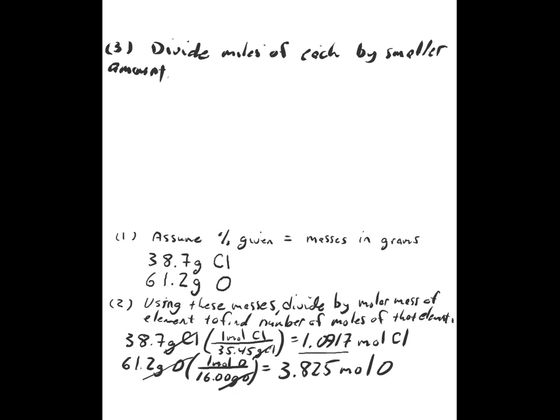Professor, sorry, where did you get 35.45 and then 16? Periodic table. So that's the number at the bottom, is it? Usually. It depends on how the table is designed.